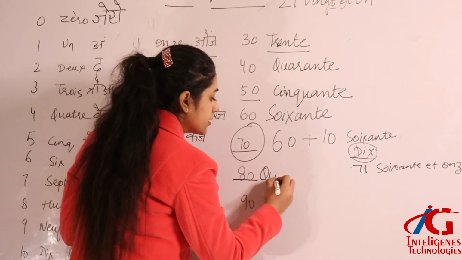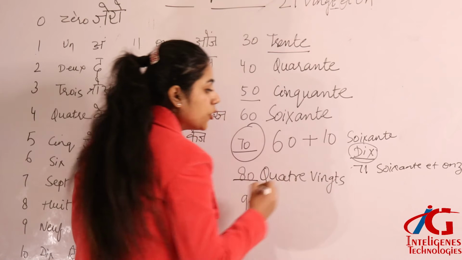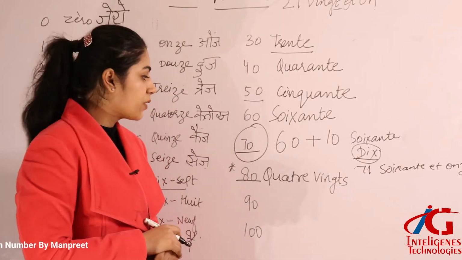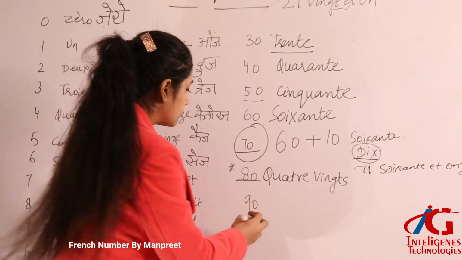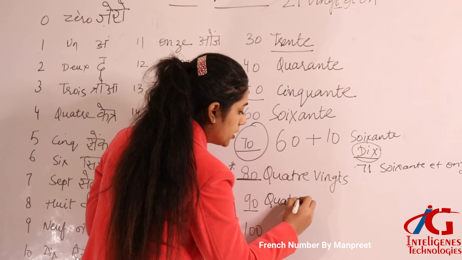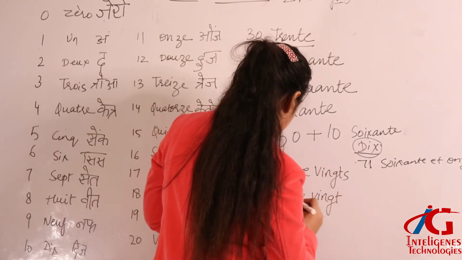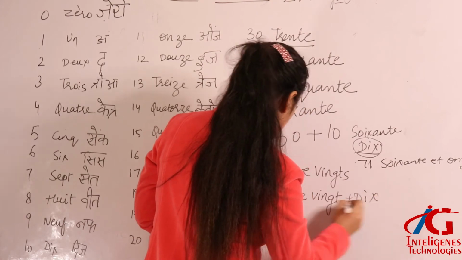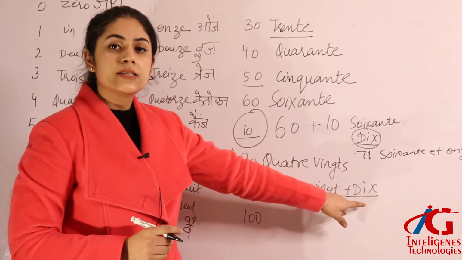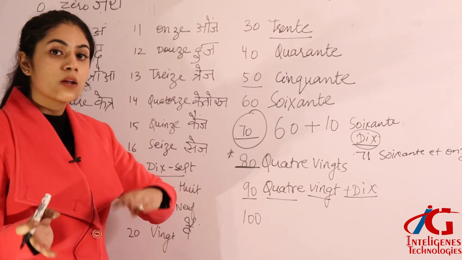Now 80 is quatre-vingts. You have S over here in 80. This is a special case, so just mark a star. Quatre-vingts. 90 is 80 plus 10. 80 plus 10 makes 90. 91 would be quatre-vingt-onze.